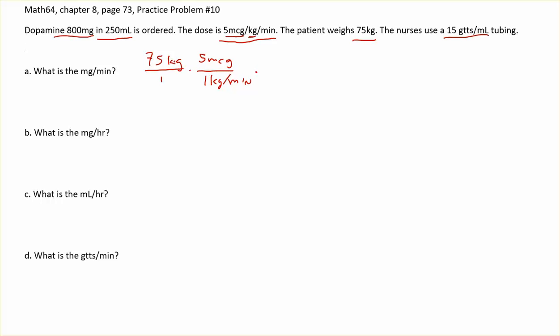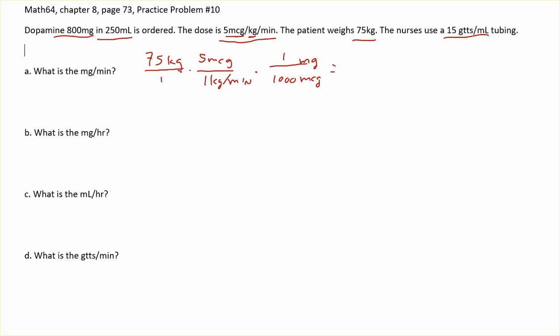So that's going to go from kilograms to micrograms per minute. I want milligrams per minute, so I'm going to have to go from micrograms to milligrams, and the relationship is 1 to 1,000.